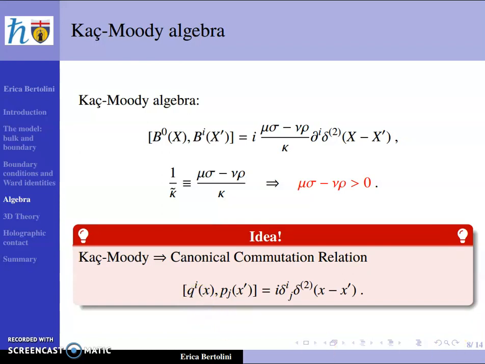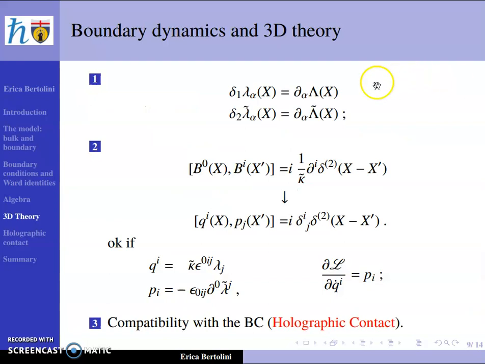The three-dimensional theory can be written by following three important steps. First of all, we must ask the 3D action to be a gauge invariant action under these transformations.